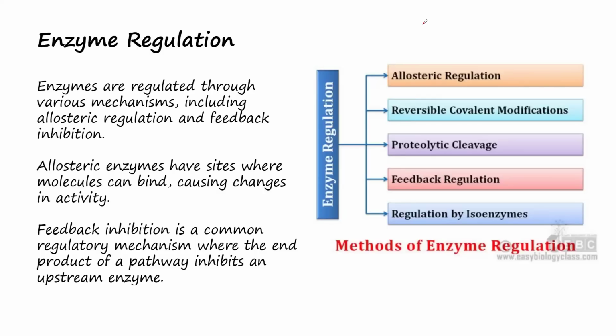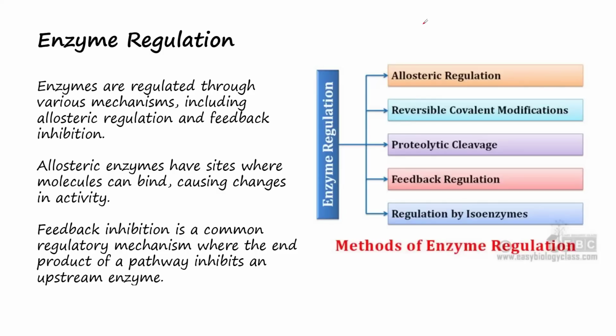We have feedback regulation, where the end product of a particular reaction will inhibit the first enzyme, because most of the reactions that are taking place in our body are in sequence, in a chain. You can have 10 reactions in one particular pathway. Like let's say glycolysis, there are 10 reactions.